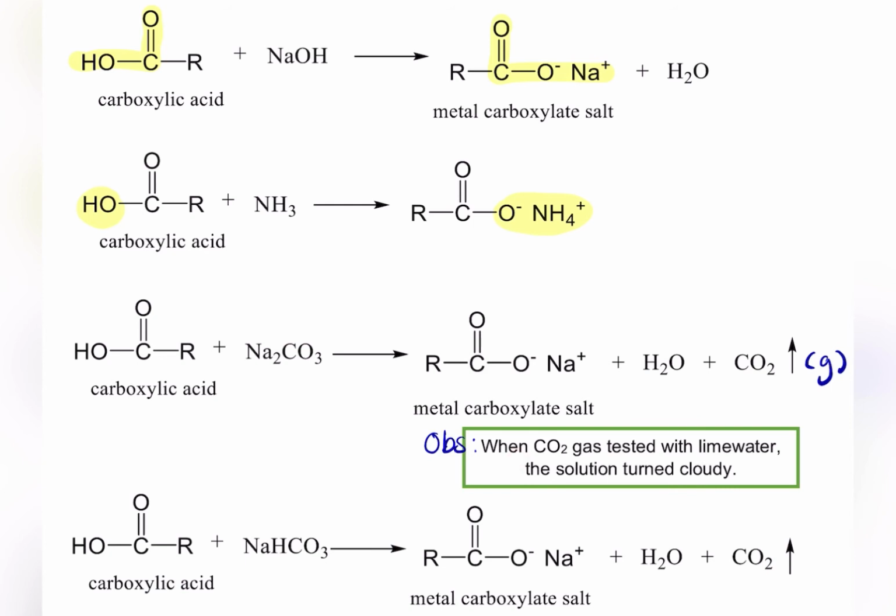You will see a specific observation: when CO2 gas is tested with lime water, the solution turns cloudy. So this can prove that there is a presence of carbon dioxide gas in your solution. So it will show the positive result for your reaction.